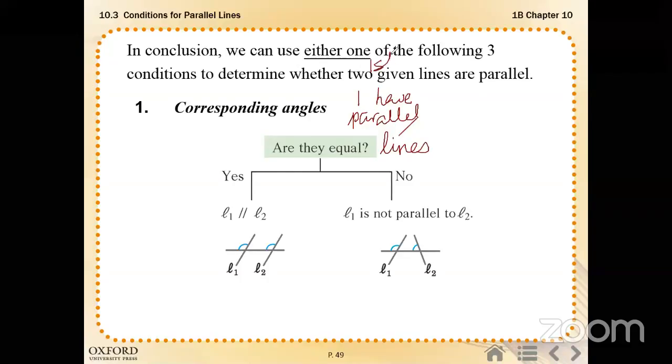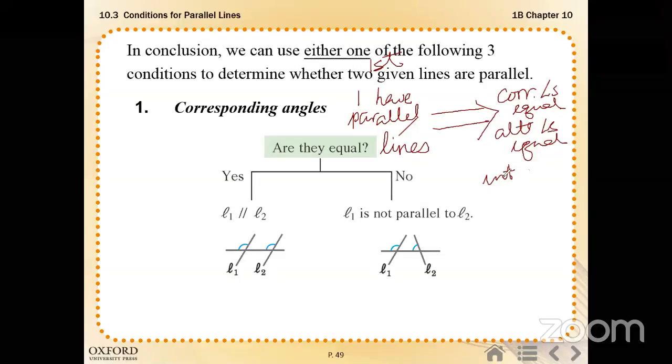It means we have this one at the beginning, and then we tell people we have corresponding angles, they are equal. And then we have alternate angles, they are equal. And then we have interior angles, the sum of the interior angles is 180 degrees.